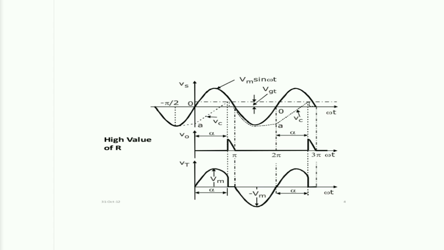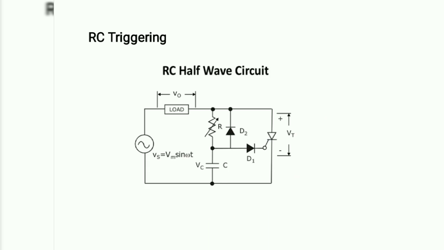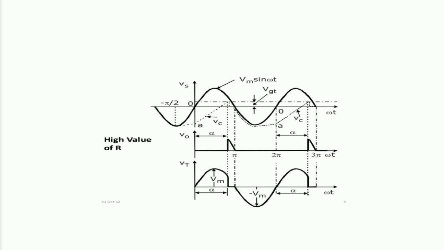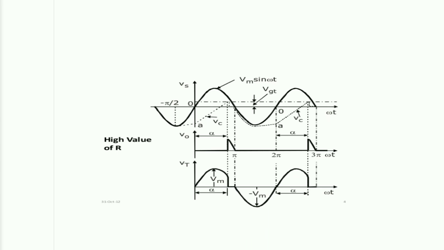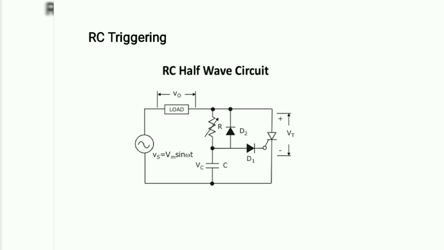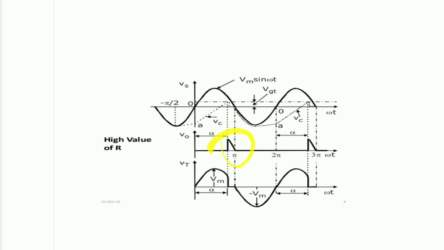When the R value is high, meaning the maximum value of R, this much amount of voltage will flow across the resistance, and across the SCR when the R value is minimum.